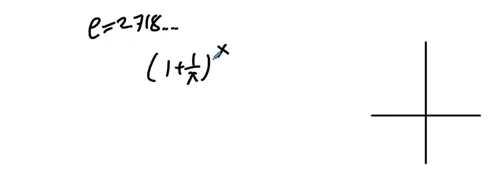Let's say that this is the compound interest formula, compounded an infinite amount of times. So 1 plus 1 over infinity raised to the infinity. This is e.